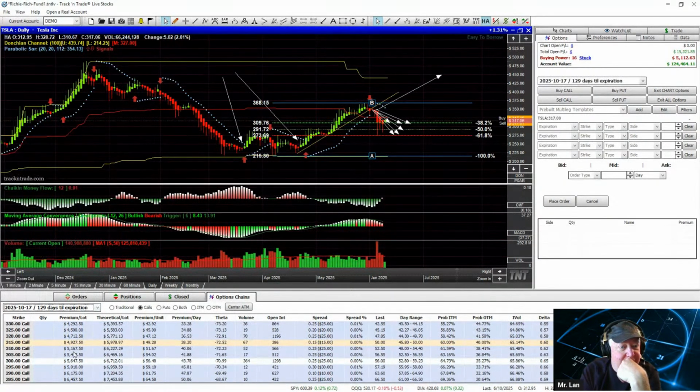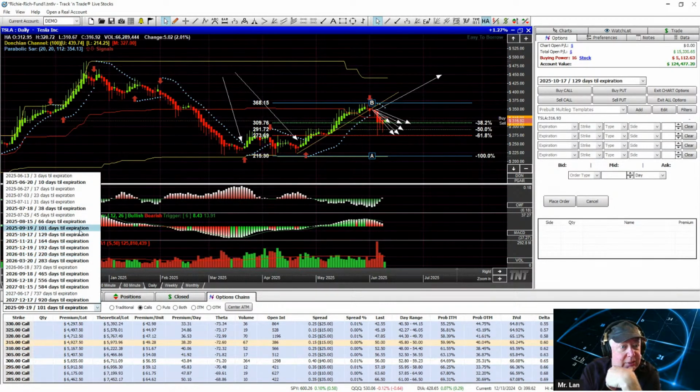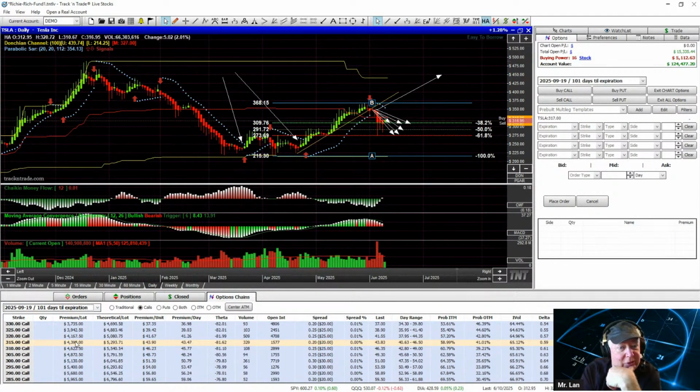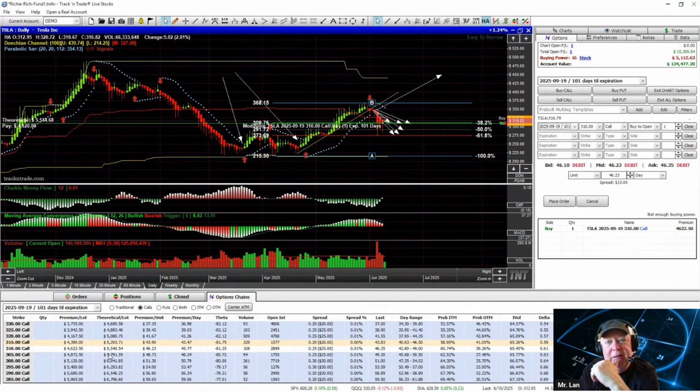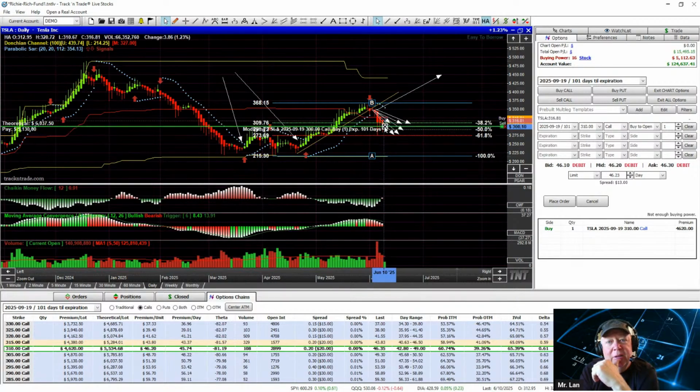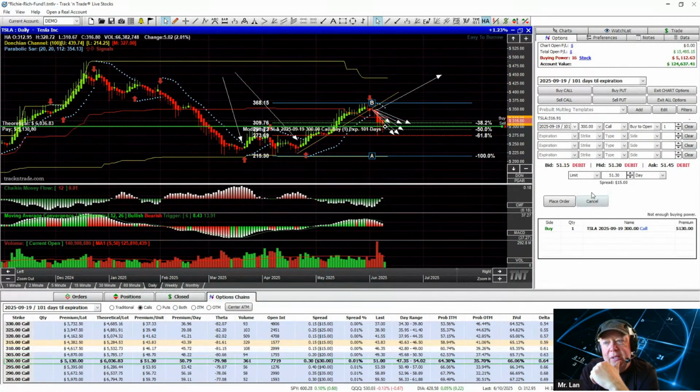129 days. Why did it flip? Let's go to 100 days. 4,000. At the money, 4,601 step in. Think it'll let us have that? No, I want it right here. I want it right there. I don't think it's going to let us have it.